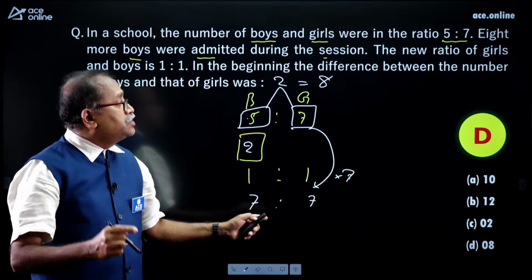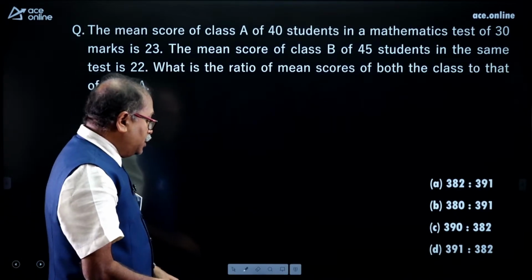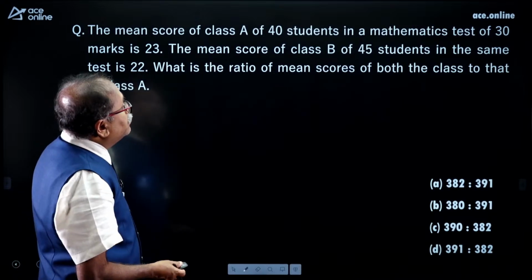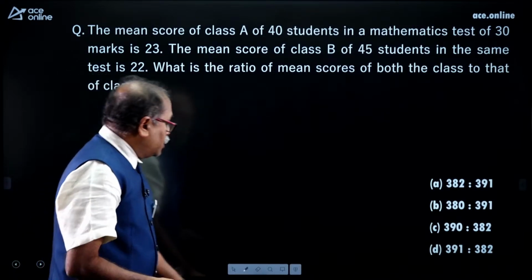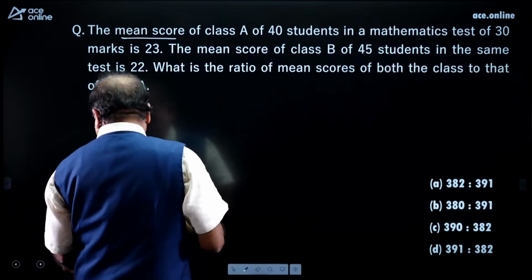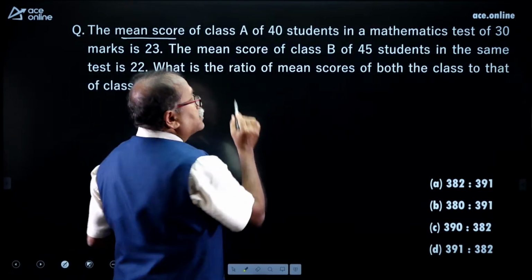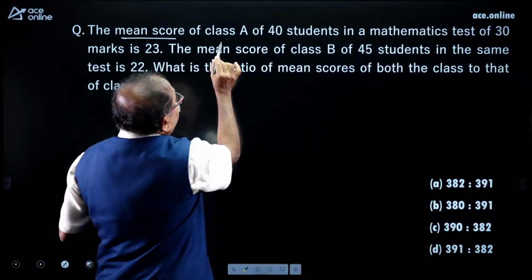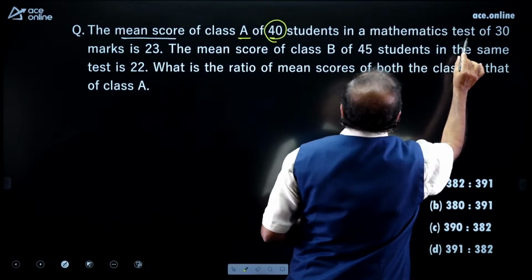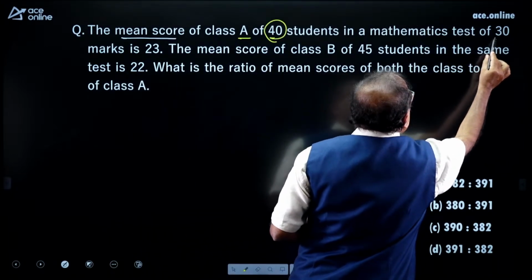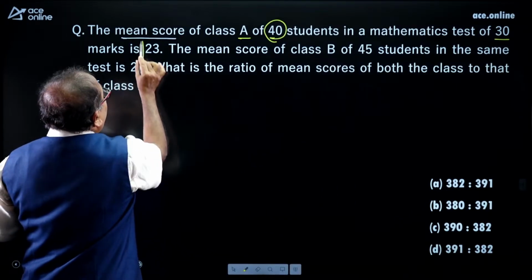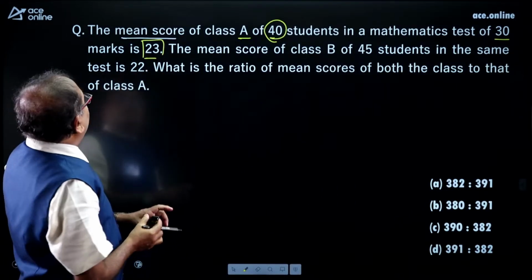Okay, the next question here. This is your next question. After reading the question, I will give you some time. Now, what is that? The mean score, come on my friends, consider it practice.